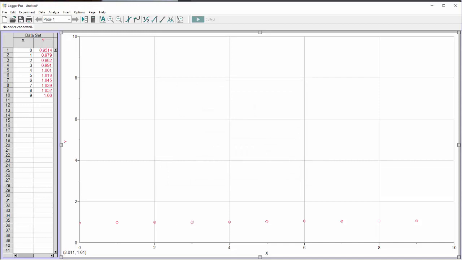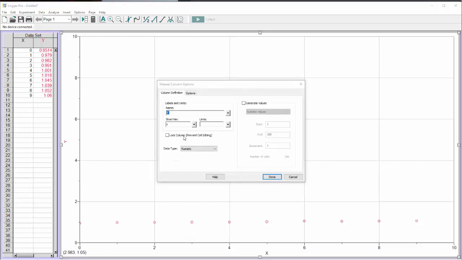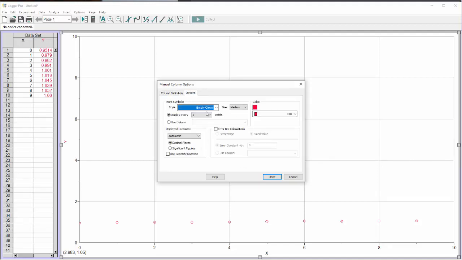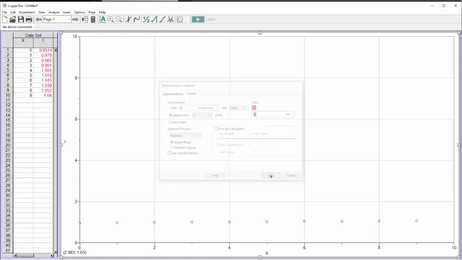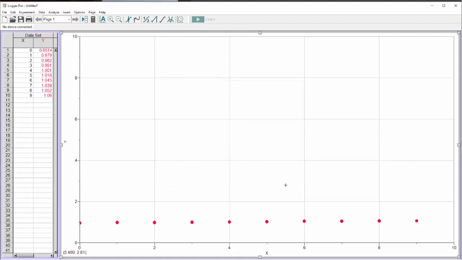So any one of the dots, left click, double click, and you're going to get something called manual column options. You see that? Okay. Over here, options, instead of empty circle, I want to scroll up and say I want a filled circle instead. And then just so you can see it, I want to make them large. Now we can see the dots pretty easily.